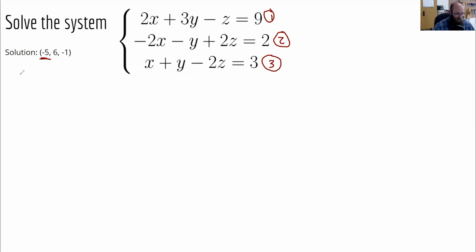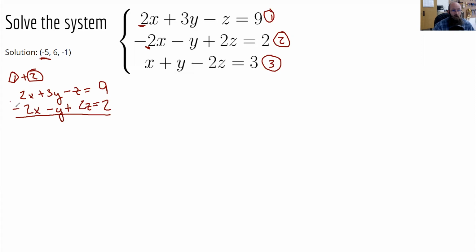All right, so I'm going to first take equation 1, add it to equation 2. You'll notice when I do that, my x's should cancel. So 2x, 3y minus z equals 9. Negative 2x minus y plus 2z equals 2.